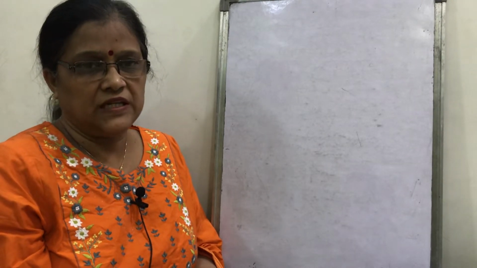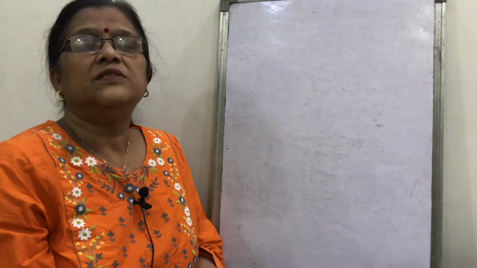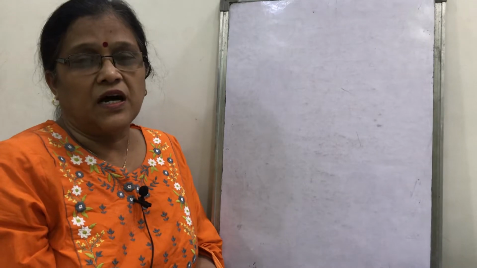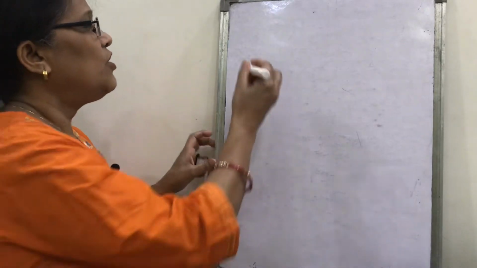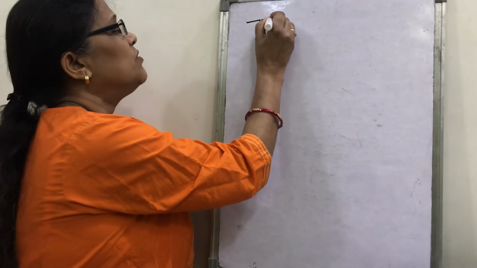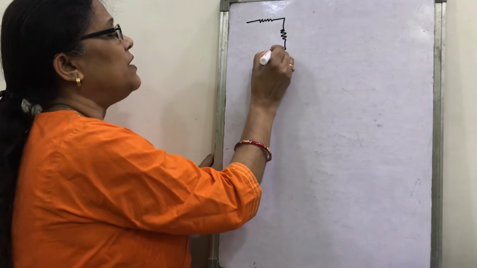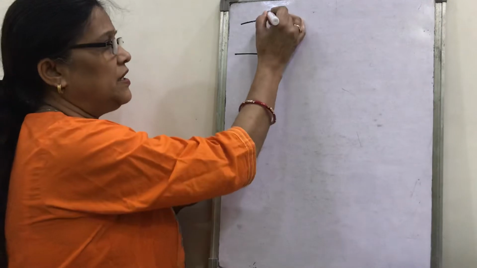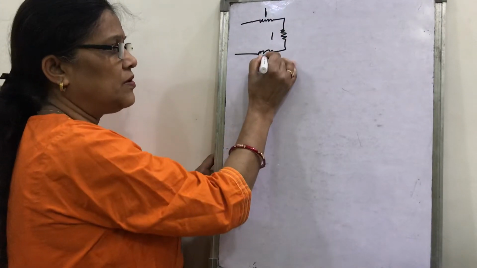It is given in NCERT also that the combination of resistances is given, but how many resistances and how many repeats of that frame of resistance? That is infinite. So infinite resistances are arranged in the way I am going to draw here, and you have to find the resistance between the two points A and B. This is one block and each resistance is of 1 ohm.